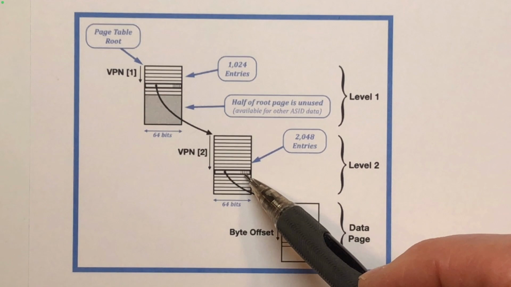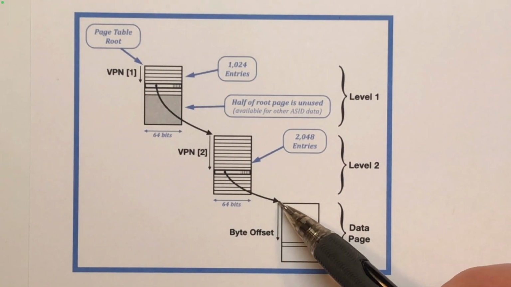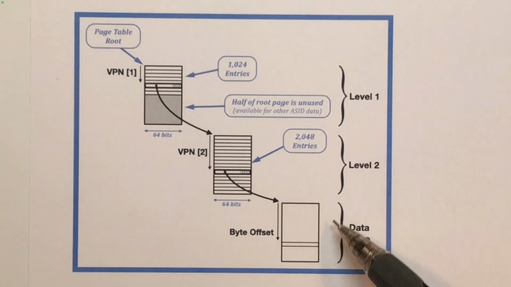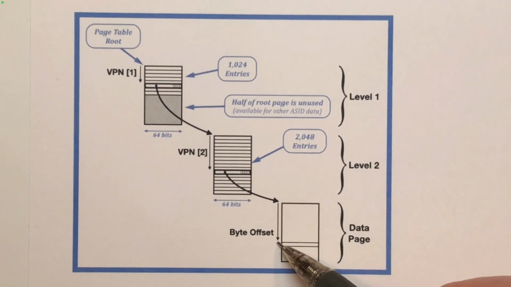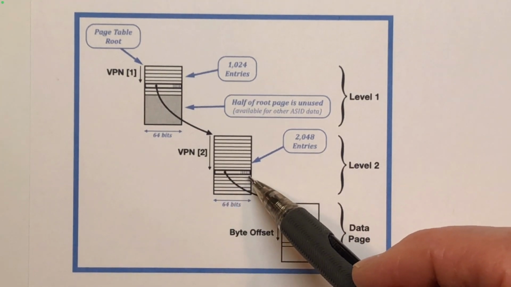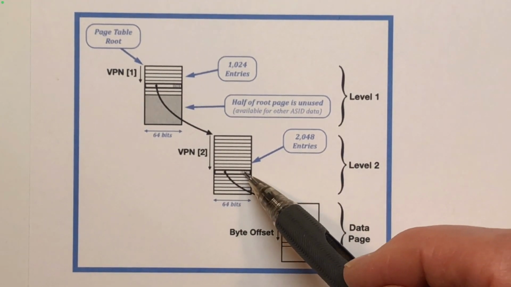And that will then contain the actual address of the data page itself. And we've used the final 14-bit offset to index into the data page to get the byte that we're interested in. Each of these page table entries contains not only the address, but some additional bits, which we'll talk about in a second.